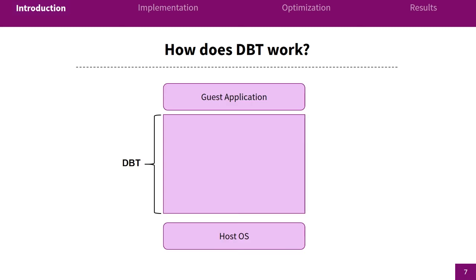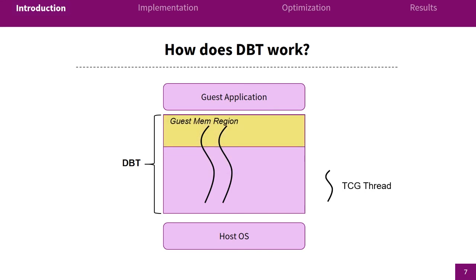So DBT is a user process running on a host operating system that has multiple TCG threads in it, and each of them corresponds to one guest thread. There is a memory region dedicated to emulating the guest memory behavior. A TCG thread first translates the guest code into executable host code and then executes the code to emulate the guest behavior.